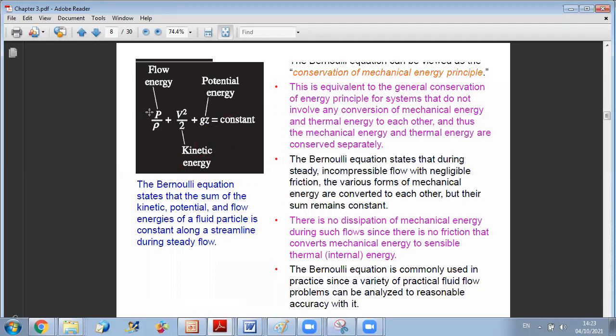This means that I don't have any dissipation of mechanical energy because I don't have friction, since I am considering regions that are far from boundary layers and far from wake regions. So in case I cannot neglect friction effects, I cannot use this Bernoulli equation. I should do something else, and we'll see in future chapters what will happen in case I want to consider friction forces.